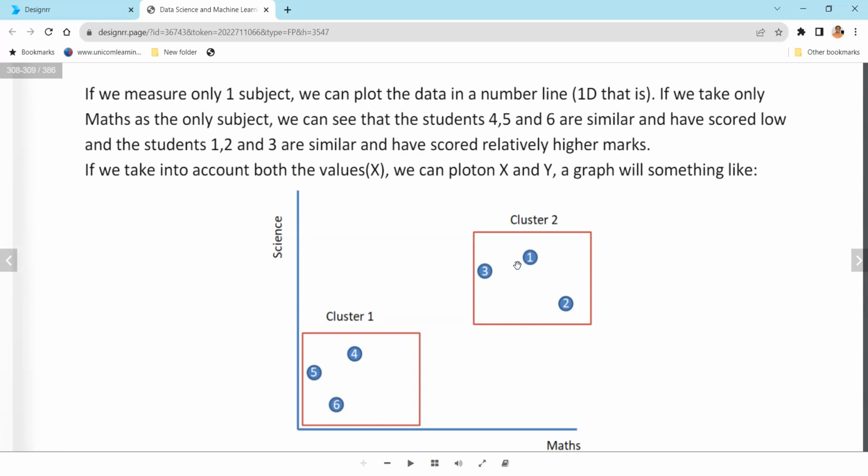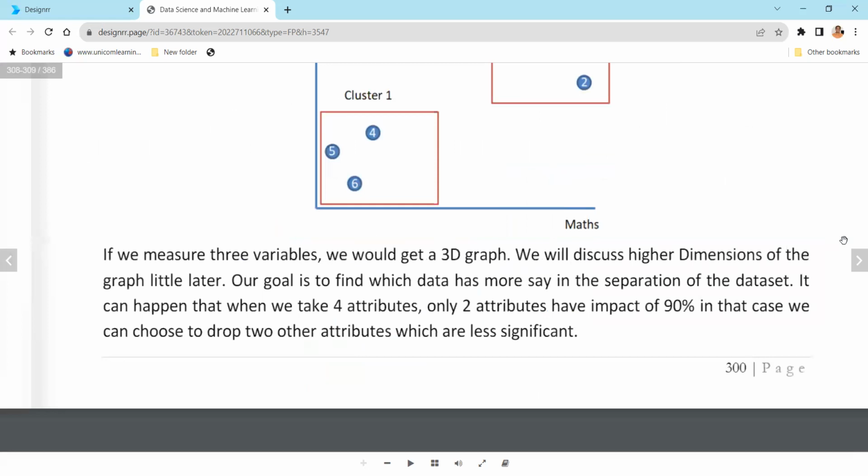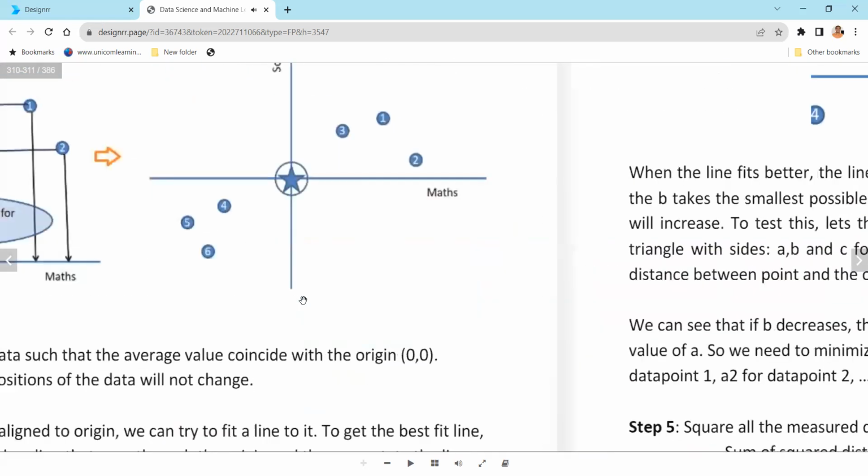Step two is to calculate the average measurement for maths on the x-axis and for science on the y-axis. The reason we are doing it is that we are trying to transform the data so that this average value coincides with the origin.